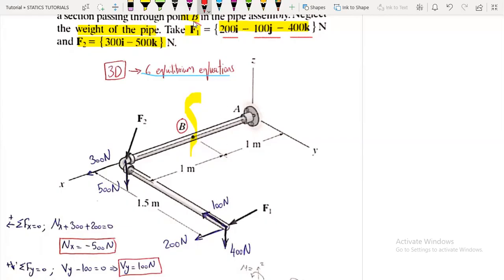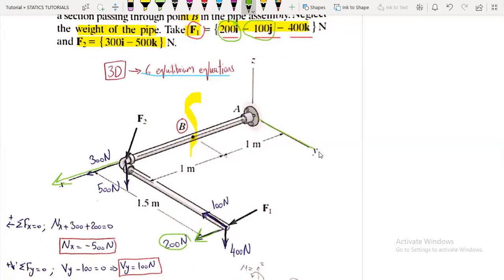Anyway, here F1 is given as a Cartesian vector, but what I did is that I put, okay, we have here 200 i hat positive. So here is our x-axis, okay? So here is the component in the x direction, 200 newtons positive. Here I have the j hat component, the y component, minus 100.